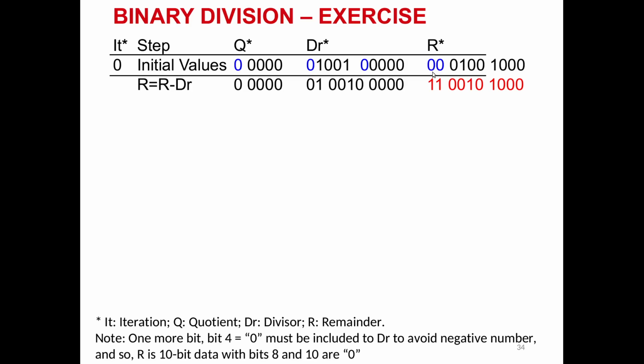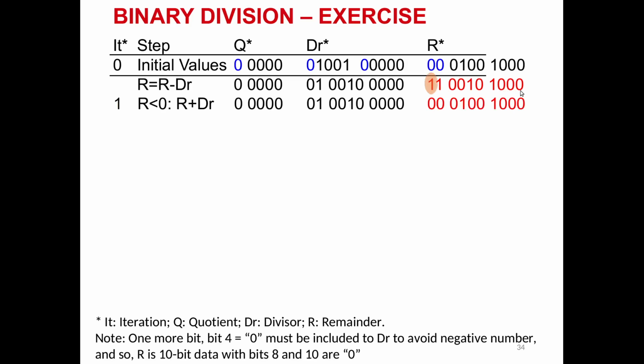As with our example, we take R and subtract DR. So here you can see that R is smaller than DR, and so the result of the subtraction will be 1 1 0 0 1 0 1 0 0 0.